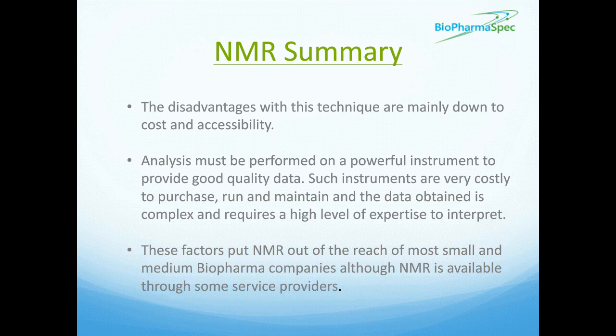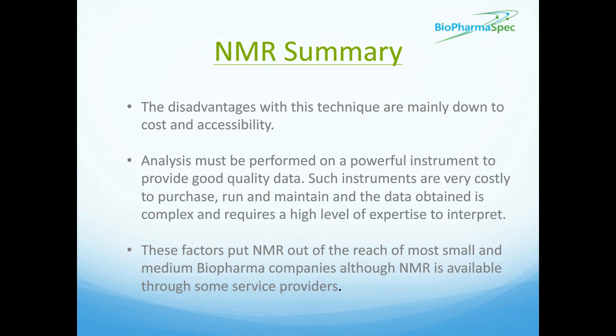To get good quality data, it needs to be performed on as powerful an instrument as you can have access to. Certainly over 800 megahertz is what we would recommend, and as a result, the instruments are very hard to get and very costly to purchase, very expensive to run and maintain, and the data is complex and requires a high level of expertise to do the interpretation correctly.